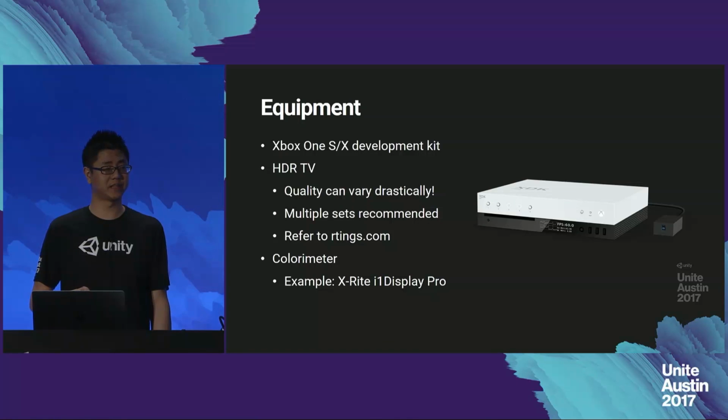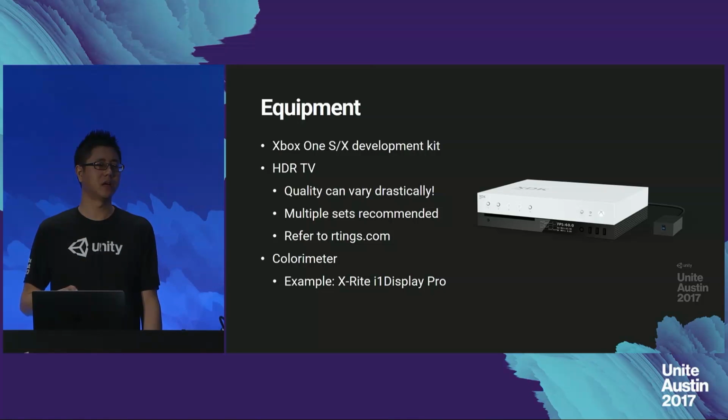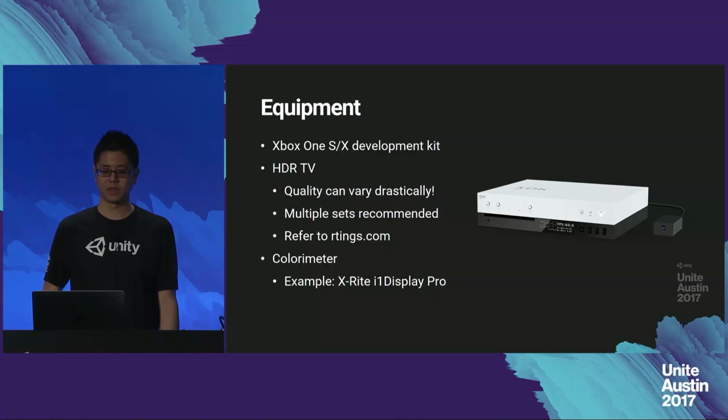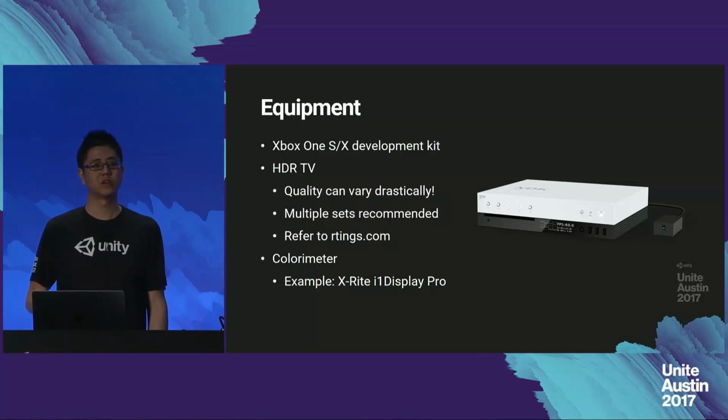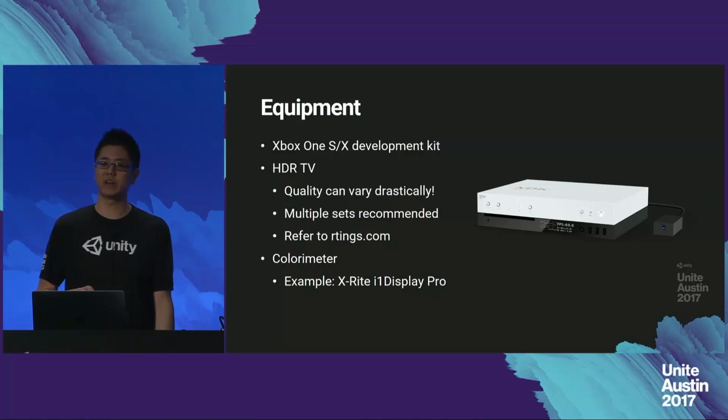Rtings.com is a great website that you can check out. It has comprehensive listings of HDR TVs, allowing you to compare luminance, color depth, and color gamut, among many other specifications. If instead of a TV, you wanted to use a monitor, your choices are a bit more limited, with only a small handful of HDR monitors available on the market right now.